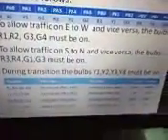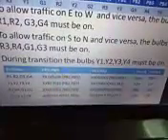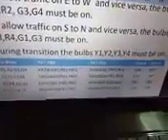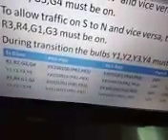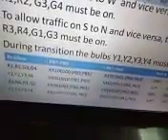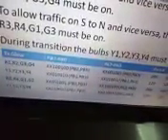Now, in order to allow the traffic from east to west and vice versa, the bulbs R1, R2, G3 and G4 must be on. To allow the traffic from south to north and vice versa, the bulbs R3, R4, G1 and G2 must be on. During transition, the bulbs Y1, Y2, Y3, Y4 must be on. This is the bit pattern that we want. So for R1, R2, G3, G4, the corresponding bits: port B pin number 2 is connected with R1, and port B pin number 5 is connected with R2.